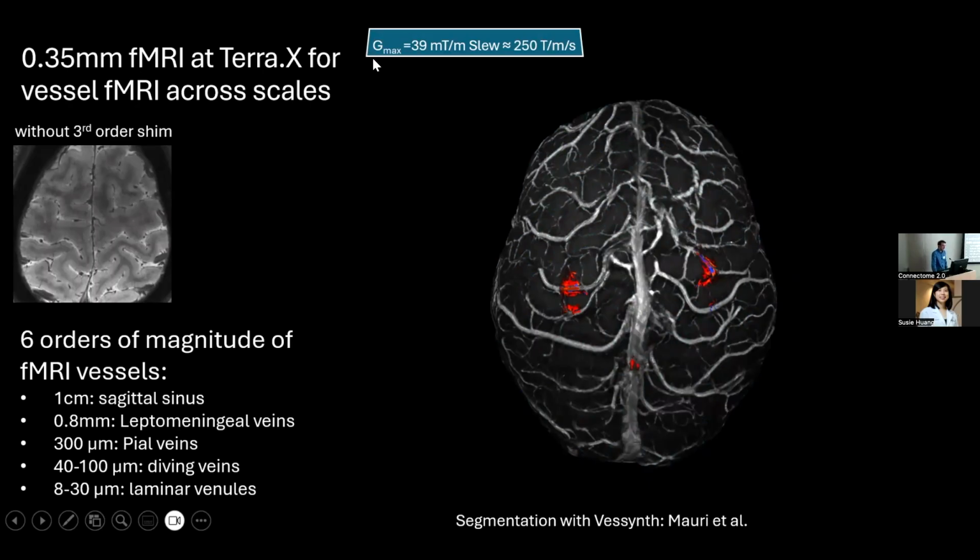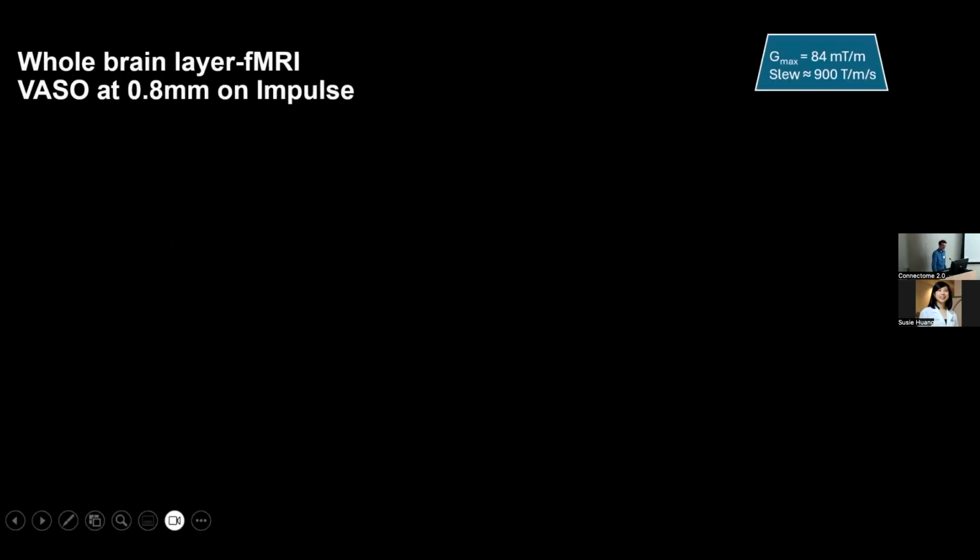So while we are not really taking advantage of all the slew rate of the Impulse for those kind of acquisitions, there are other protocols that allow us to take more advantage of these high-performance, ultra-high-performance gradients. For example, when you lower the resolution a bit but want to be fast. And one of the applications that really benefits from those scanners would be VASO layer-dependent fMRI at 0.8 millimeter for whole brain imaging.